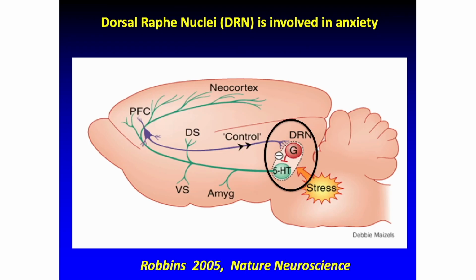And in the brain, the region that contains the highest amount of serotonergic neurons is the dorsal raphe nucleus, which projects its inputs to the medial prefrontal cortex, and which is extremely sensitive to conditions of stress.